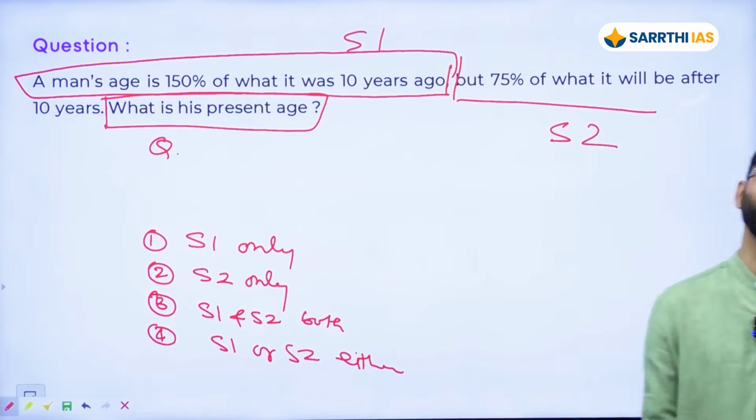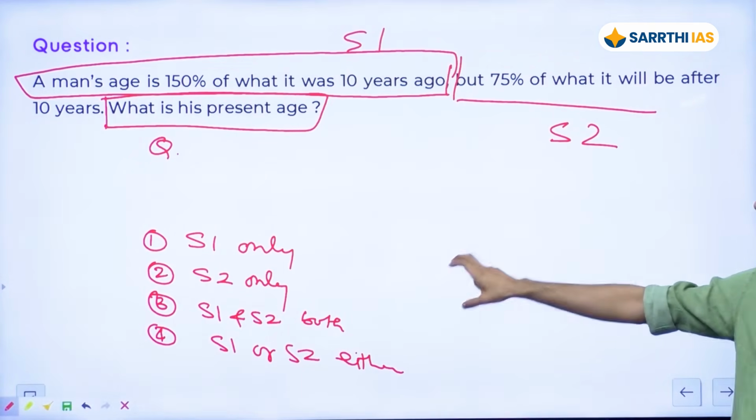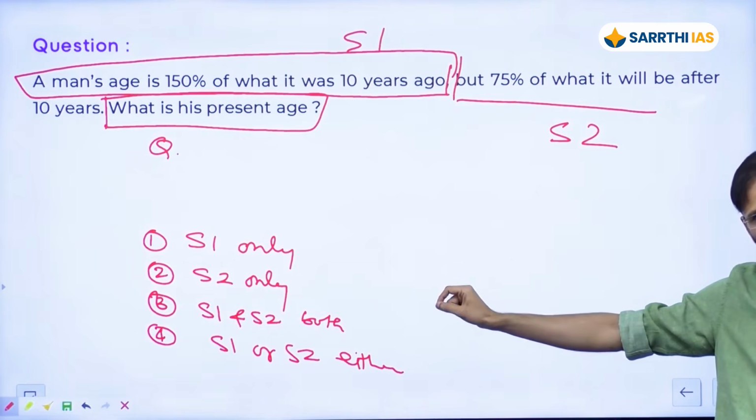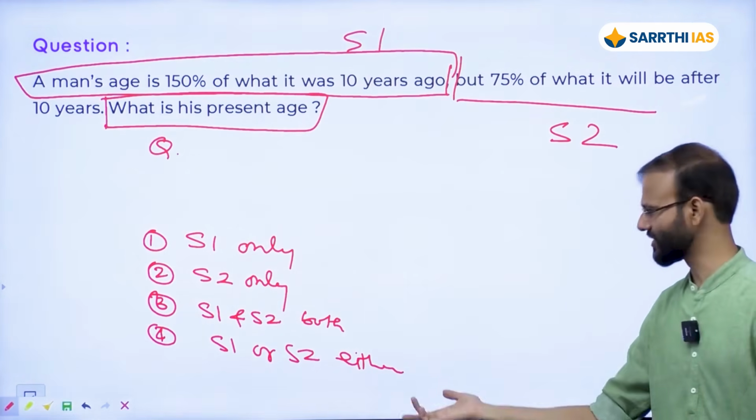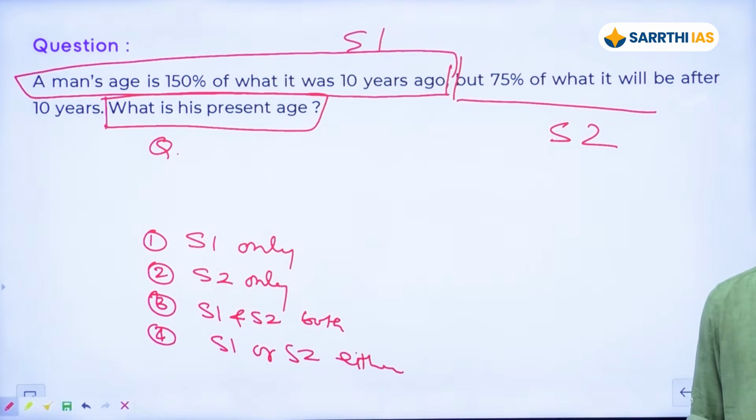Getting it, guys? अब मुझे बताइए, आप दोनों को मिलाकर के क्वेश्चन सॉल्व करेंगे या सिर्फ एक से सॉल्व हो जाएगा, या दोनों में से किसी भी एक से सॉल्व हो जाएगा? दोनों को मिला के सॉल्व होगा. एक से भी होगा.